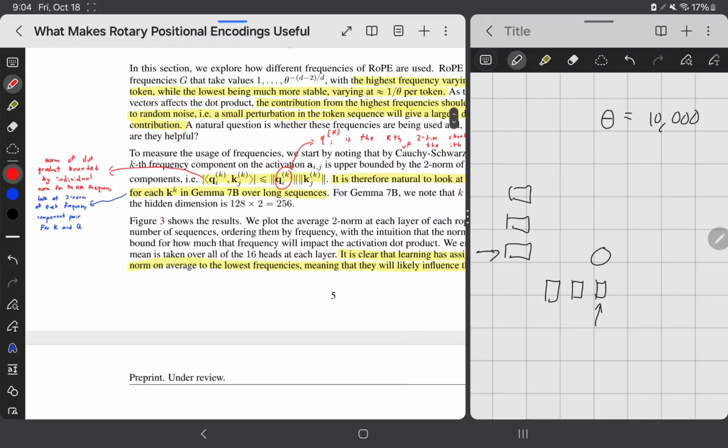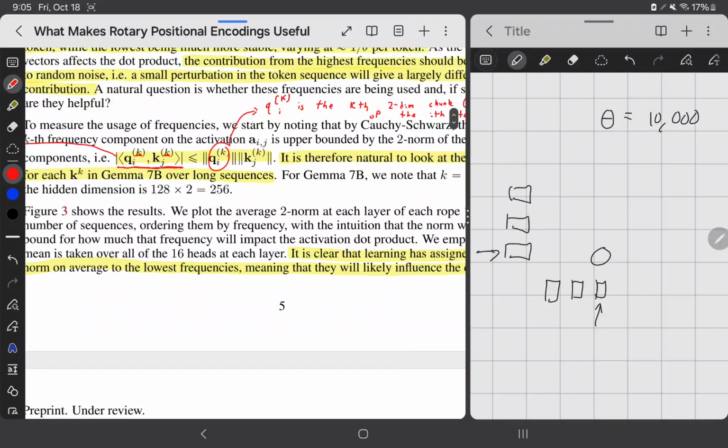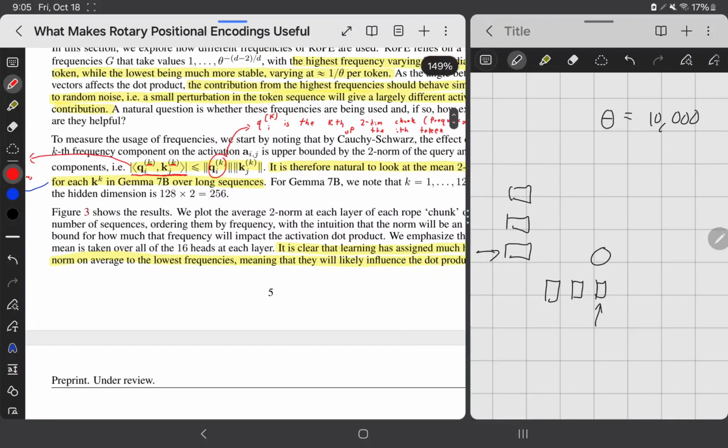Basically, we want to look at the dot products along the dimension. Dot products are the inner product of the queries and the keys, specifically on the kth frequency. And they mention that this is bounded by the individual magnitudes, and this is just the Cauchy-Schwarz theorem.